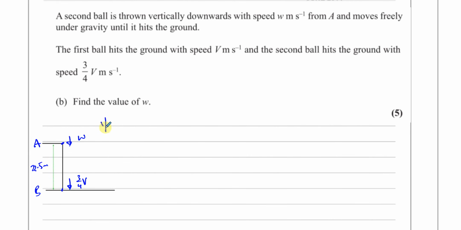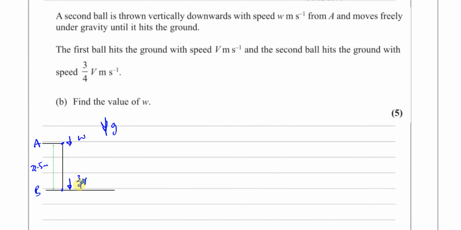And we know that gravity is acting downwards. Now, in this case, what I need to know before I can start is what the value of V is. Because if I know V, I know the speed with which the second ball hits the ground, its final velocity just before it hits the ground.